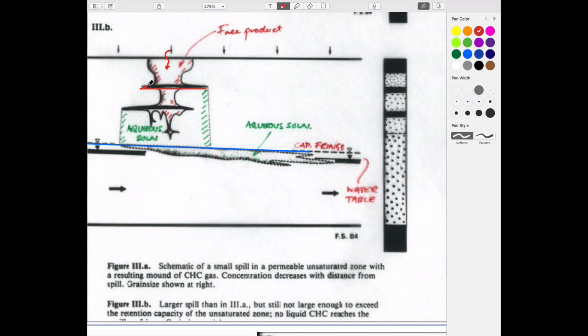That low permeability layer it ponds on top of until it flows off the side or flows through it and continues with this chimney, finds another layer that it flows off the sides of and ultimately hits the water table on this side and is present then as a plume that can be carried downstream in the water. So those are the characteristics that we're looking at.